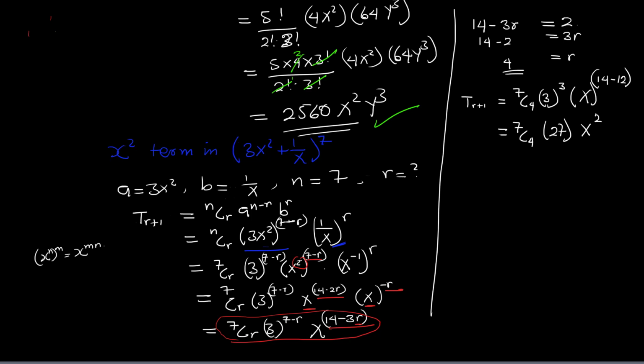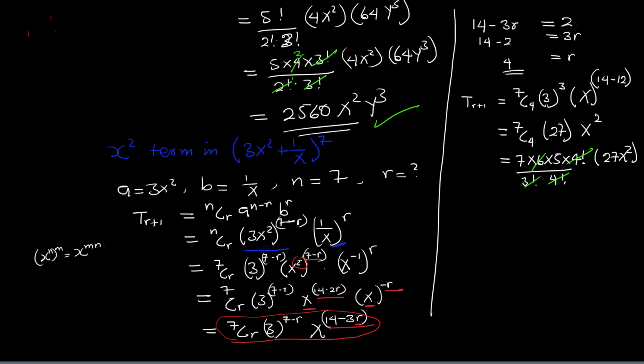So on evaluating, we get 7 times 6 times 5 times 4 factorial over 7 minus 4, which is 3 factorial, times 4 factorial. All this times 27x squared. We can cross 4 and 4 there. This is 6 and that is also 6.